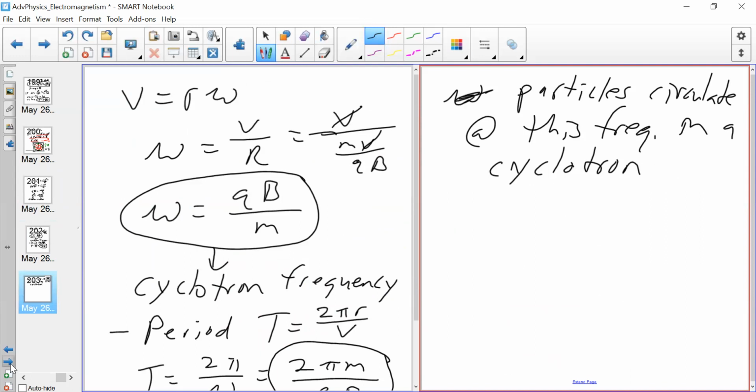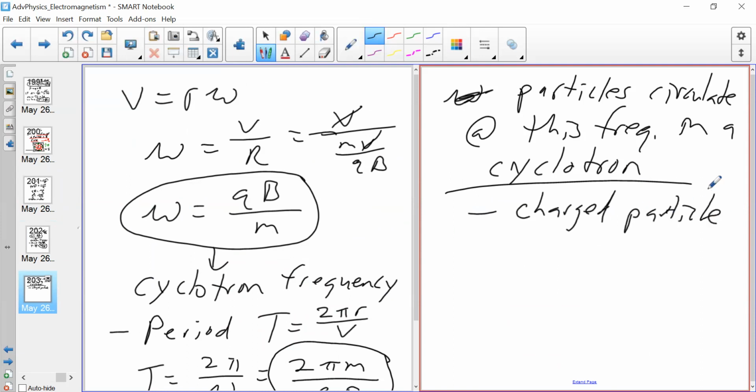Now, I was trying to get this picture. You can see the picture in your book, but I'm trying to visualize it so I could draw it. If we have a charged particle moving at some angle with respect to this field, it's going to move down the field in a helix, like a helical pattern.